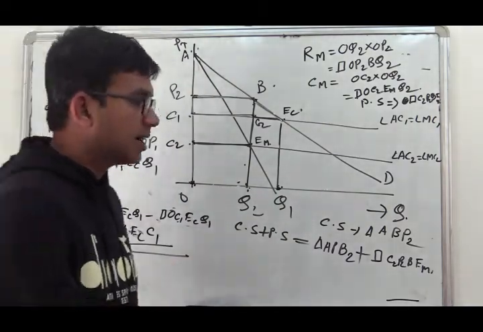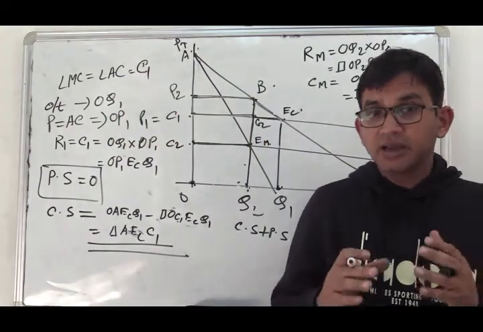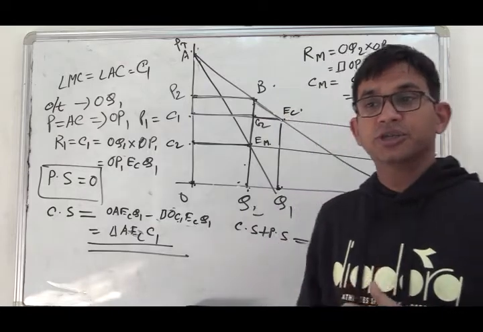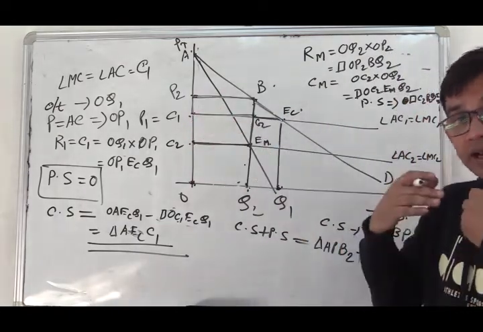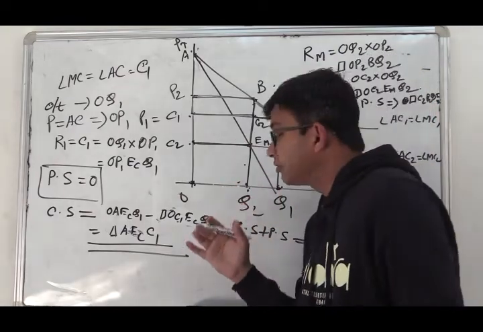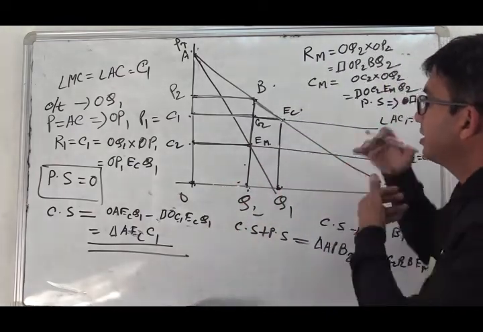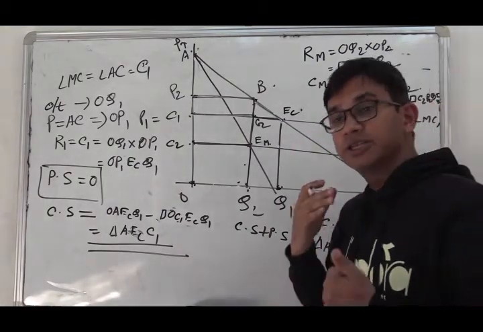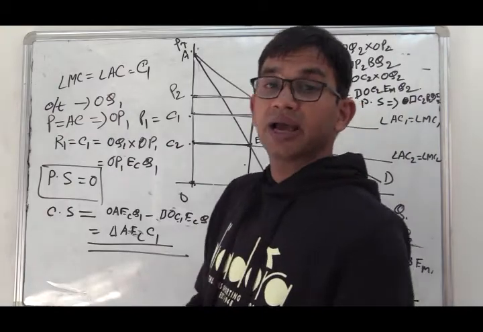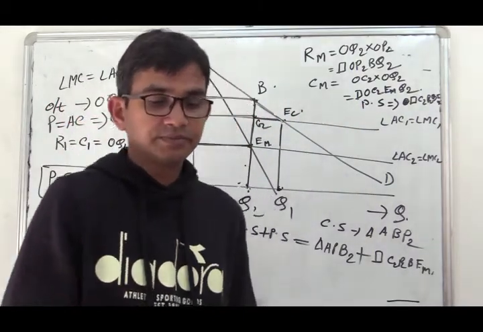So the higher the cost saving due to innovation, the higher will be the possibility that the loss due to allocative inefficiency will be outweighed by the gain due to technological efficiency.